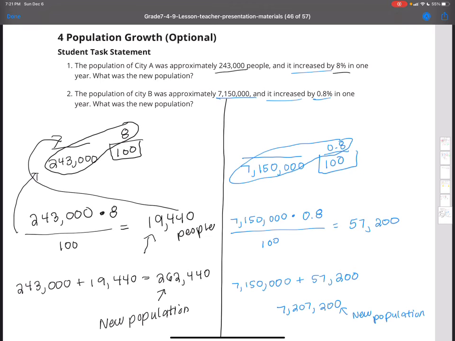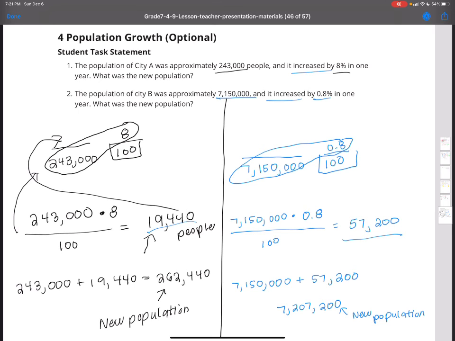So even though this question didn't ask that, right? I think the purpose of this question is to point out to you guys that even though the percent increase was by 8% and the other city was just 8/10%, look who had the bigger portion, okay?